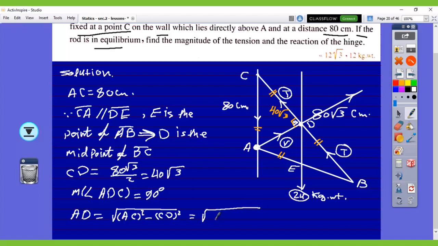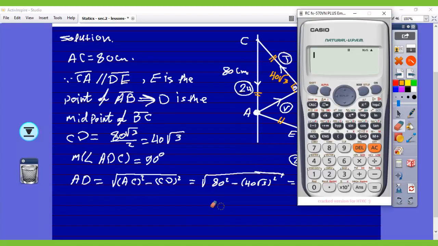AC squared is 80 power 2 minus CD squared, which equals 40 root 3 power 2.